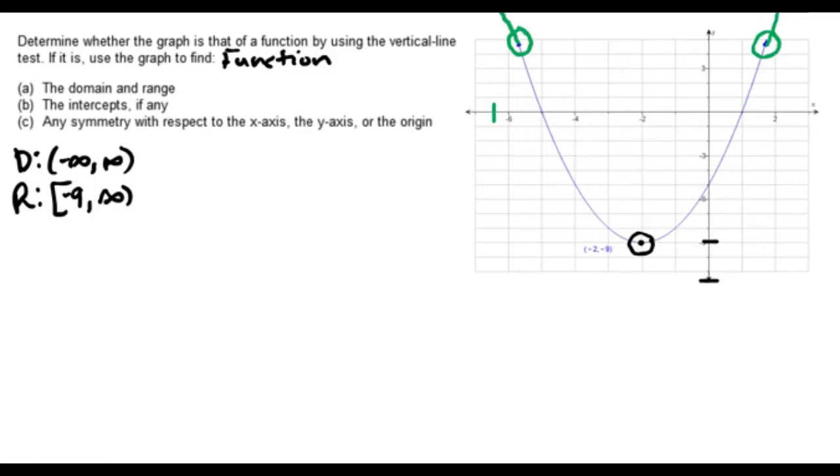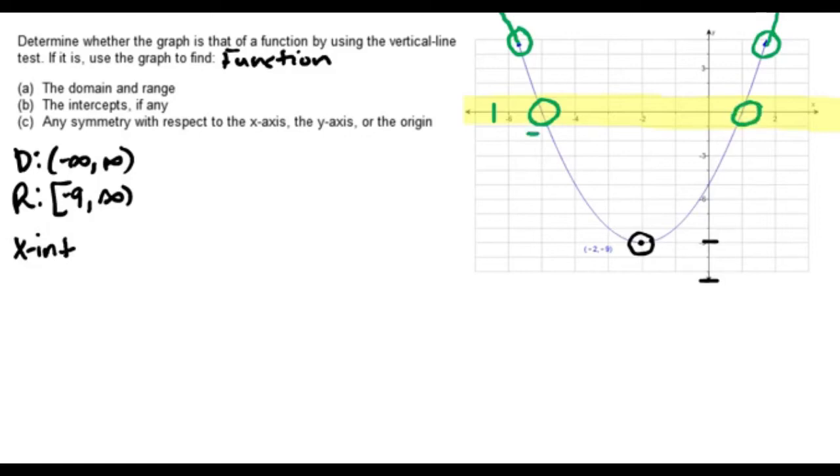So let's move on to the next part, which is asking for the intercepts. We have two types of intercepts that we want to pay attention to: x-intercepts and y-intercepts. An x-intercept is where the graph crosses or touches the x-axis. So here's our x-axis, the horizontal axis, and I'm noticing two spots where the graph crosses the x-axis.